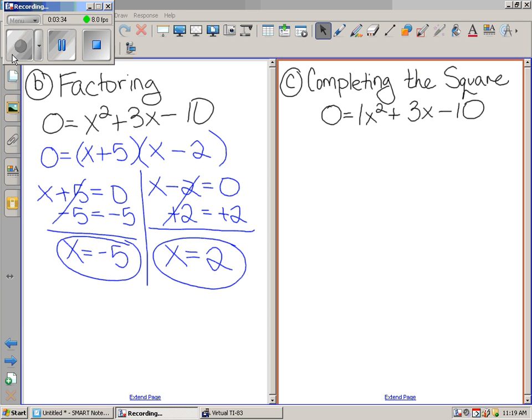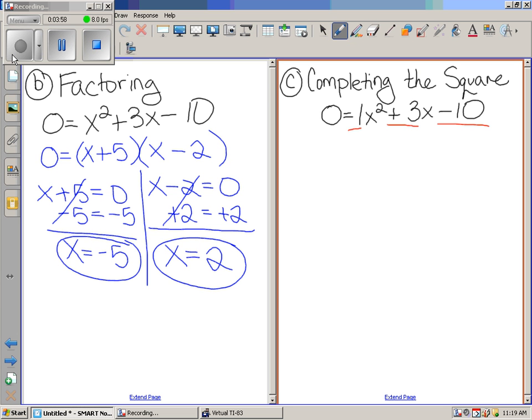Time for completing the square. A little intro to completing the square that we're going to need also for the quadratic formula is that we've got to list out what these are, right? You see these numbers in front? Numbers in front of variables are called coefficients.